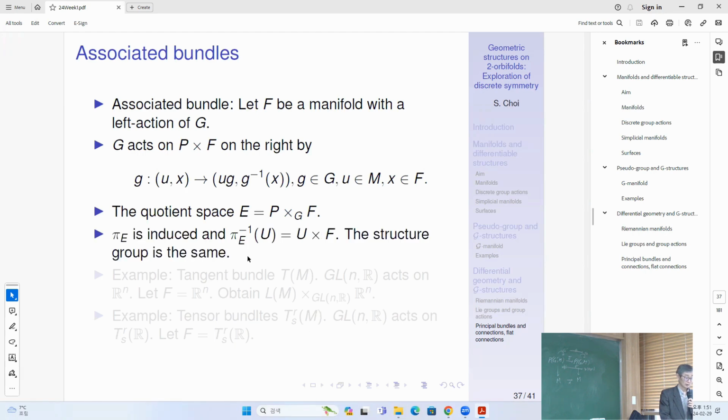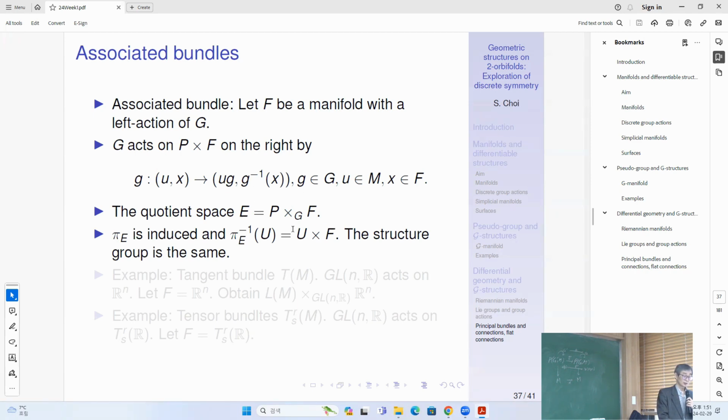And then pi E is now induced. Again, of course, there's a map pi from P to M, but now you take a product which sends it to M again. But now you take a quotient by G, but this G doesn't change the base point, so you still have a map.